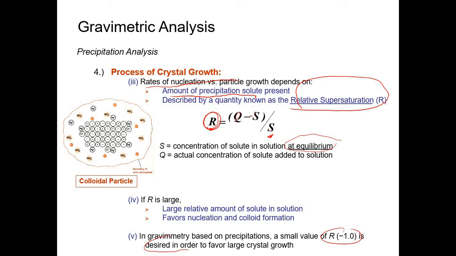So this is the boundary of the ionic atmosphere. Here you have silver chloride. So these are silver, chloride, silver ion, chloride, silver. This is the silver chloride precipitate.